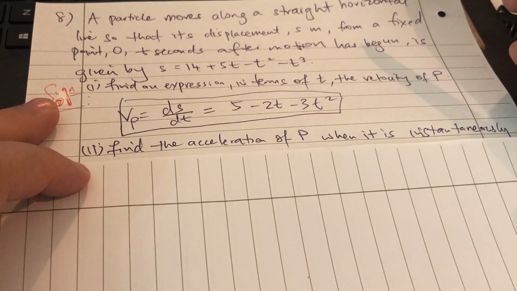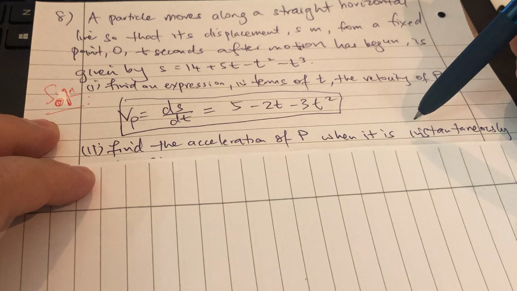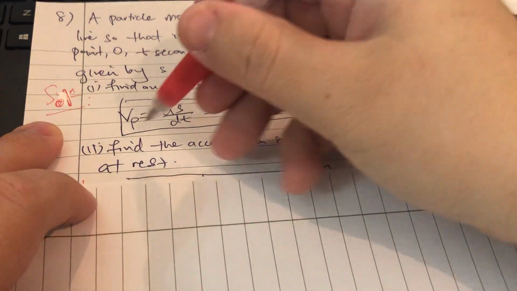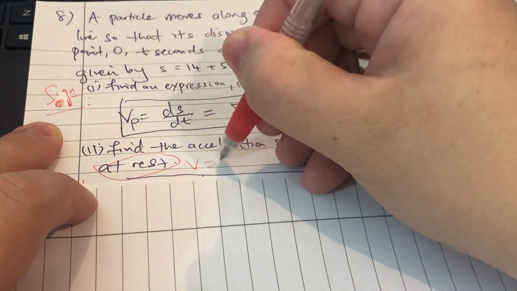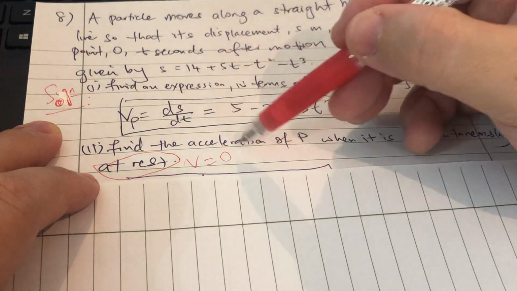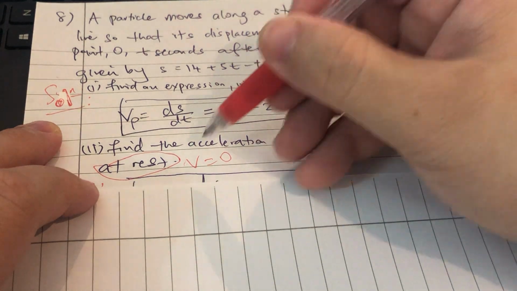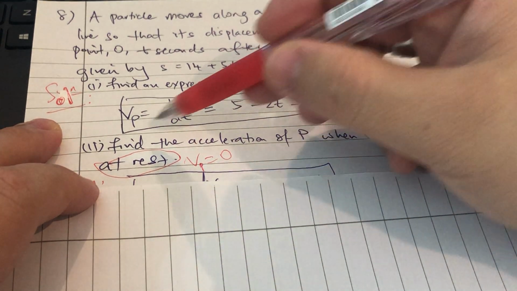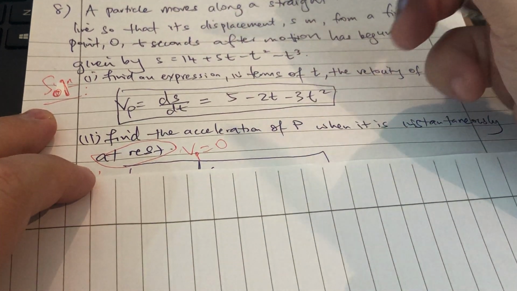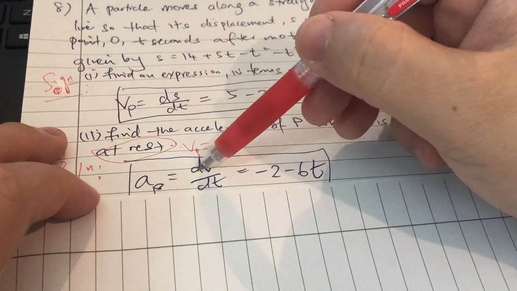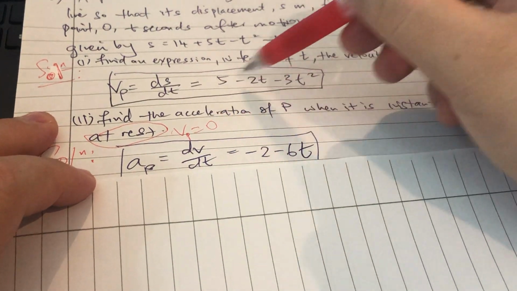Next, find the acceleration of P when it is instantaneously at rest. At rest, no need to think. You must know that v equals 0. Because this question has P, later has Q, you must be very clear whether this is P or Q. First I find the acceleration.